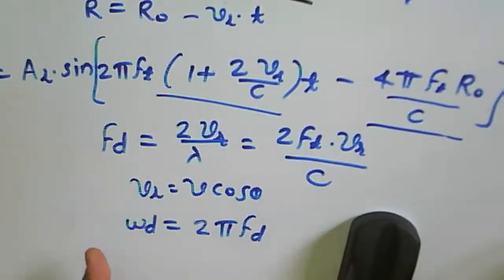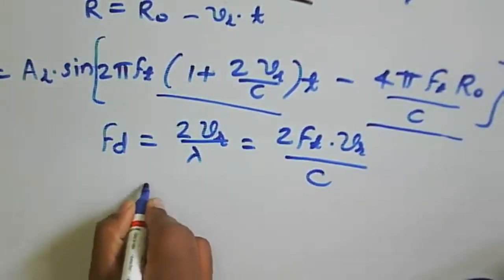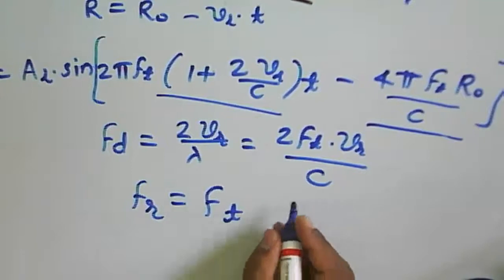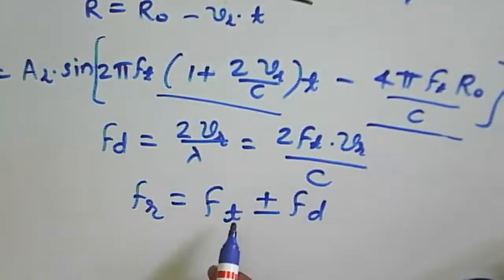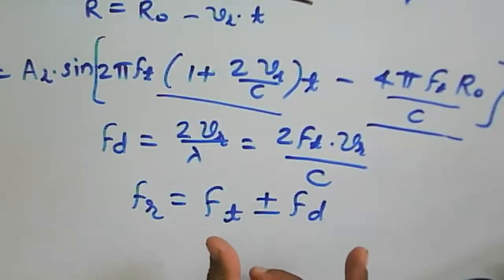There will be a plus or minus sign for fd, because the signal frequency fr we are receiving depends upon the transmitting signal frequency, plus or minus fd. If it is a minus sign, the target is moving away; if it is a plus sign, the target is approaching the radar. So whether it is approaching or receding, there will be a plus or minus sign respectively here.